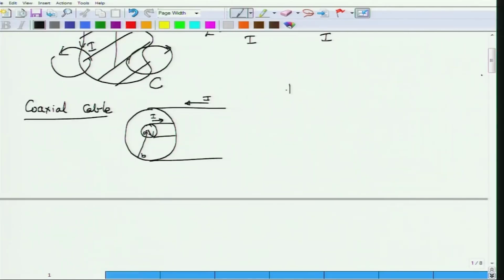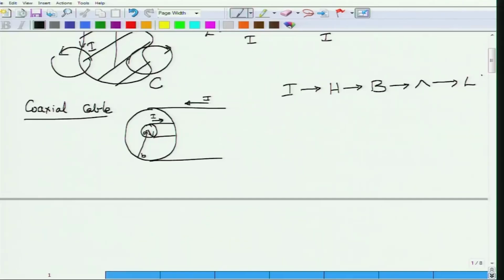So the approach that we are going to follow would be to start by assuming a certain current I, and then finding out the magnetic field H, and if the medium is different, then you need to find the relationship between H and B to find out B. From B you have to find out what is the flux that is linking, and divide by I to get the inductance. This is the path that we are going to take to calculate inductance.